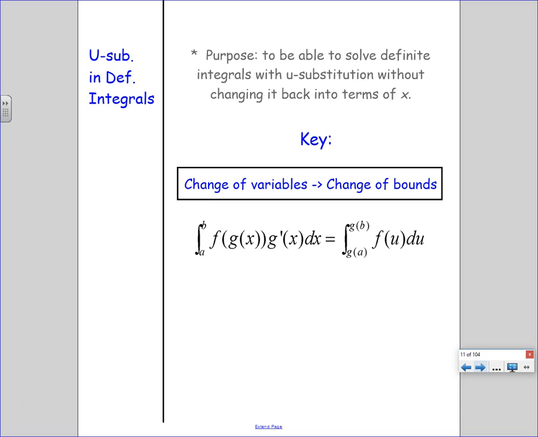And those were x's, exactly. So you guys remember your pictures for the area. The A and the B are x equals A and x equals B. We need to substitute out x's for u's.